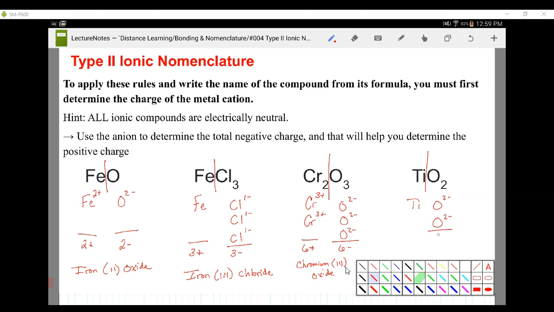And then lastly, we have a total of -4 from the oxides in TiO2. There's only one titanium ion. We need a total of +4, so that one ion must be 4 positive, which means the name of this is going to be titanium 4, that's IV, oxide.